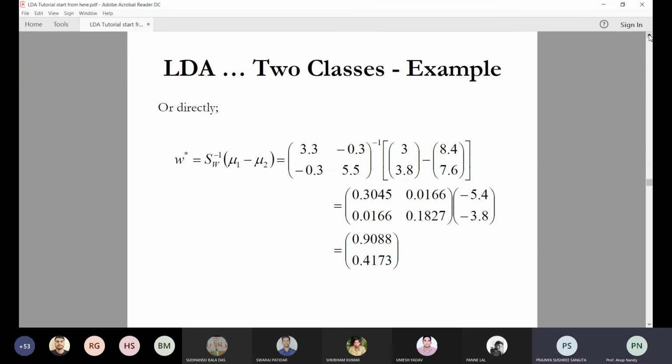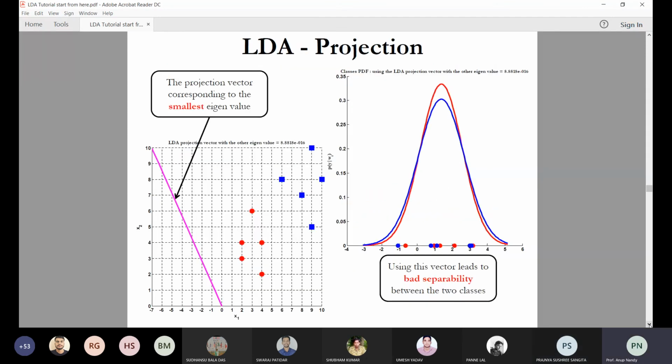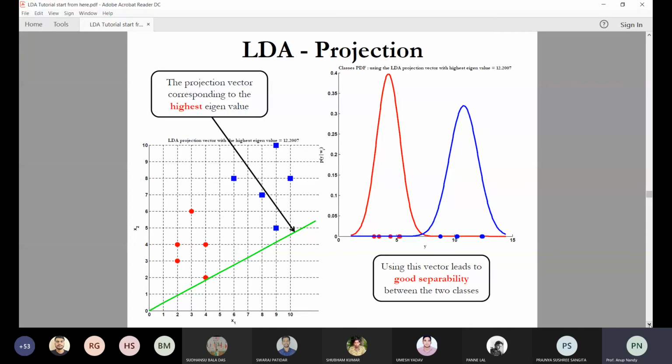Then the green line is the Y, the projected X values, right? No, actually the green line is a direction. It is a vector. Because in PCA you are also finding the direction with maximum variance.